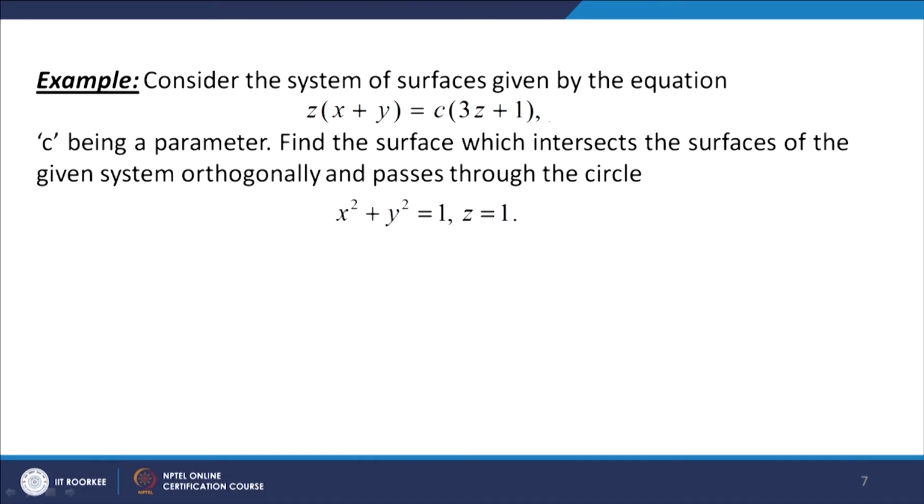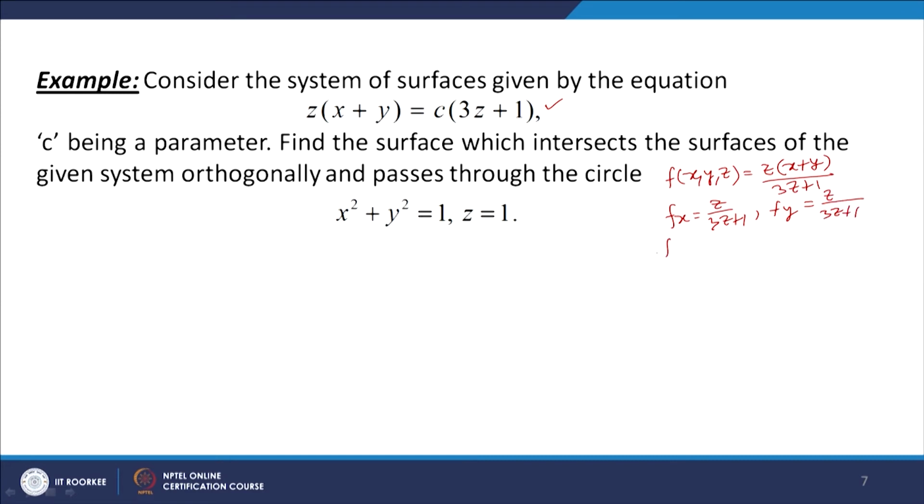Let us write this equation in the standard form f(x, y, z) equal to c. So, f equals z times (x plus y) divided by 3z plus 1. Let us find f x first: f x is equal to z over 3z plus 1. f y is also z over 3z plus 1.